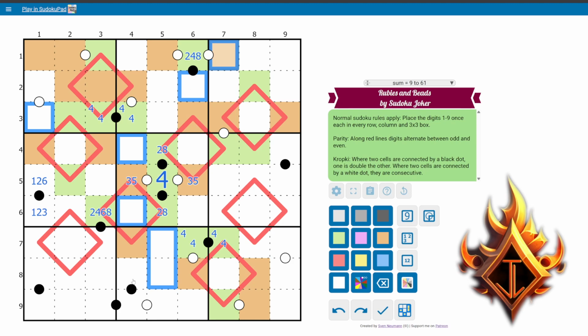So 1 cannot go there. But I don't see it going further than that. So I have to assume that could be a 1 at this time. Did I get any more of these? These diamonds. Doesn't look like it.